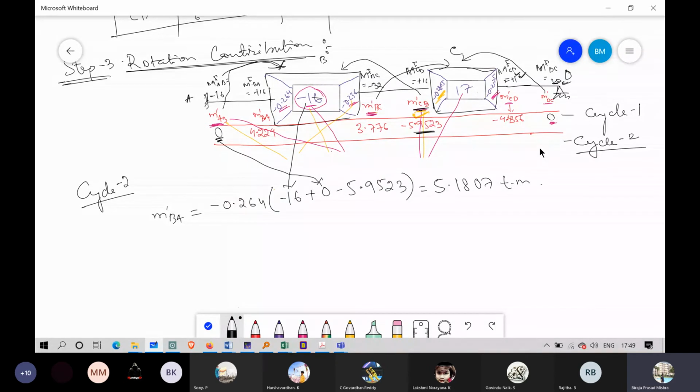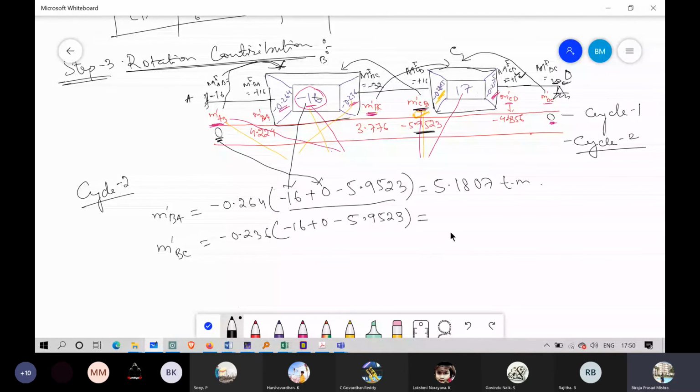So the next one is M bar BC. As I told, we will simply multiply 0.236 into exactly the same thing we have written, and write it here. So no need to confuse with this one.